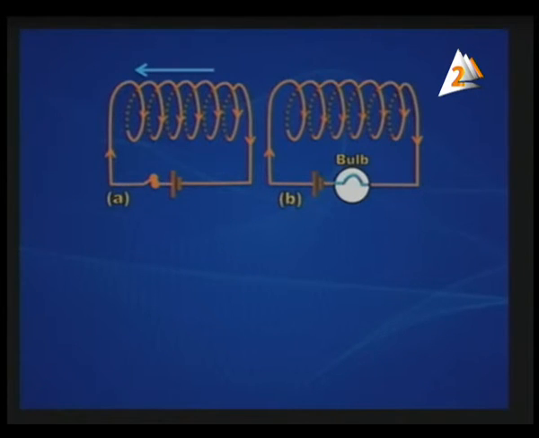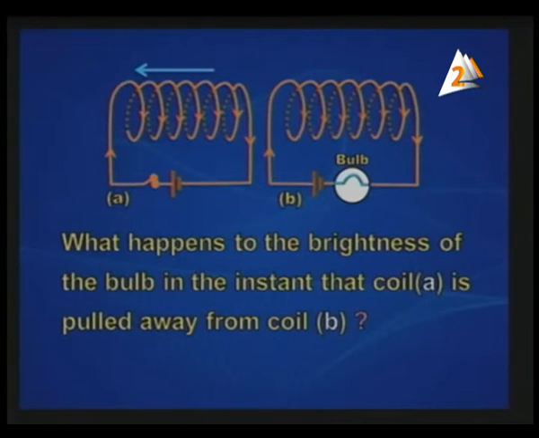And now we've got two circuits. Circuit A contains a solenoid, a coil, a switch and a battery. Circuit B contains a coil, which is a solenoid, a battery, and a lamp, a bulb. And what about the question?